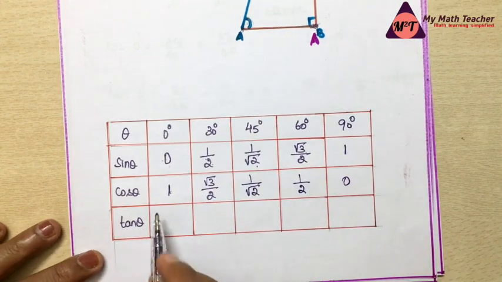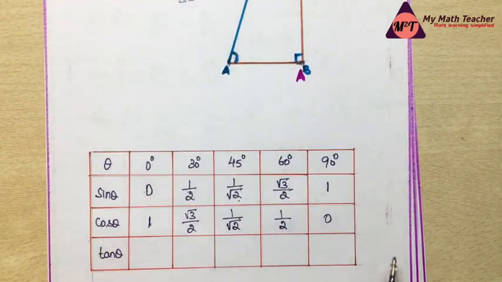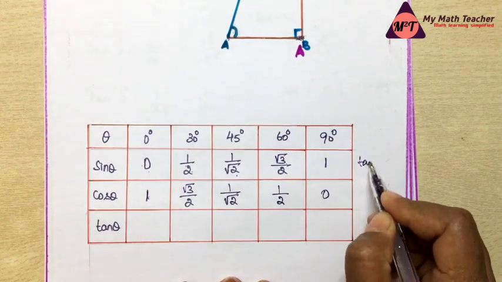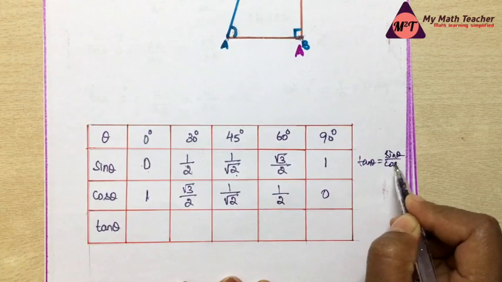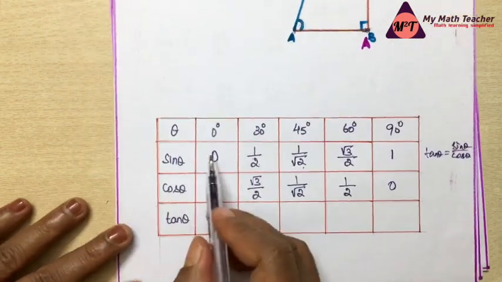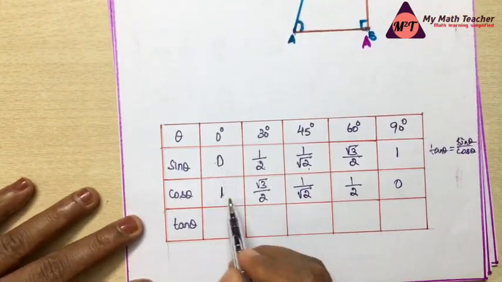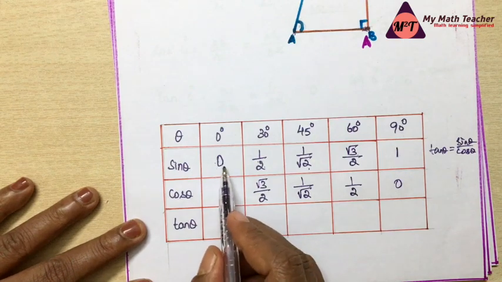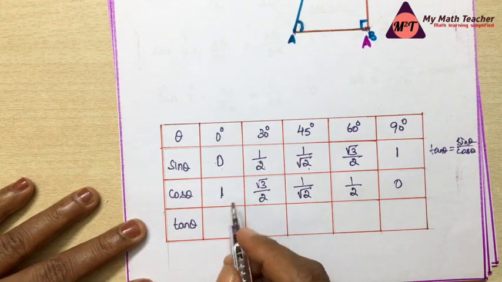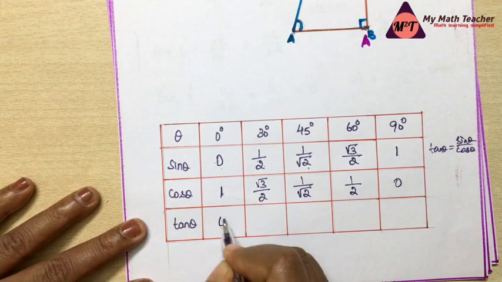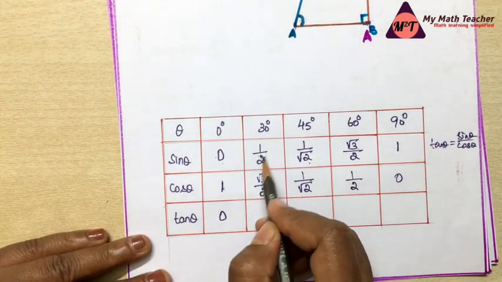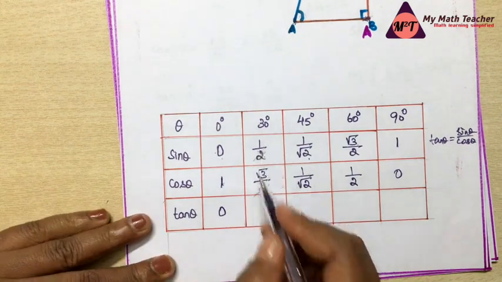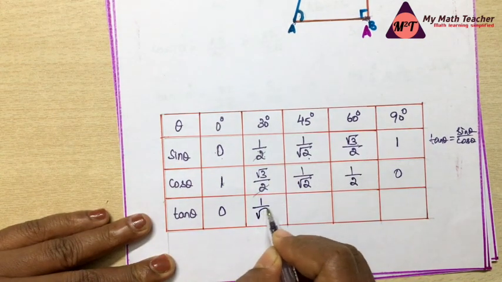As we know, sine by cos is tan. Tan theta is nothing but sine theta by cos theta. Just by dividing these two numbers, you will get the answer. 0 by 1, 0 by any number is always 0. When you divide 1 by 2 and root 3 by 2, the 2 will get cancelled and the answer is 1 by root 3.